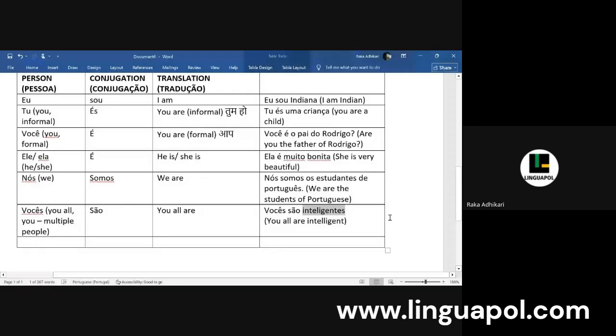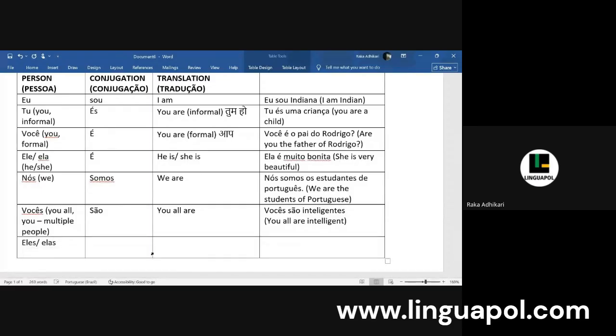So we are left with our last subject, that is eles or elas, which basically means they. Now we have two words, eles and elas. In English, we have only one word, which is they. But in Portuguese, we have two words, eles and elas.